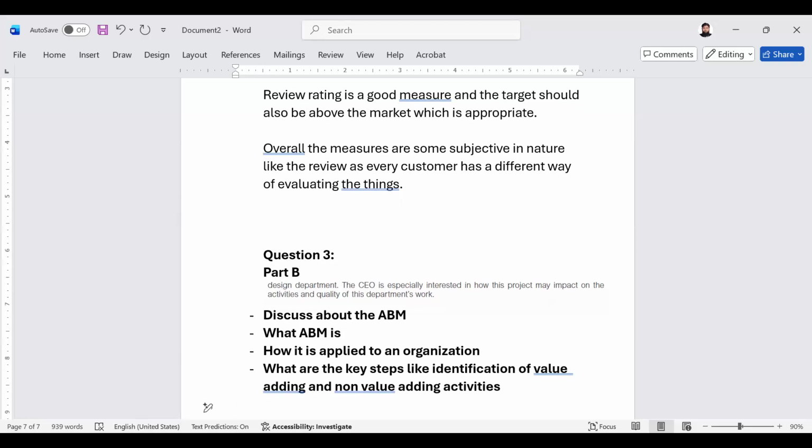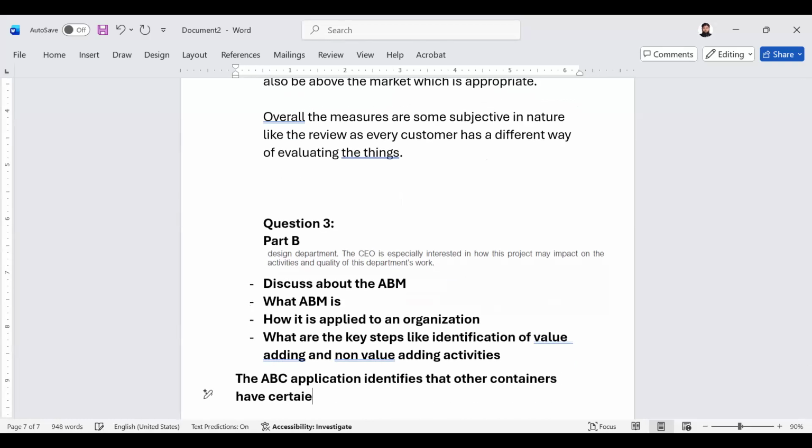And then what happens is that the activity based cost application identifies that other containers have certain activities that drive a significant cost.